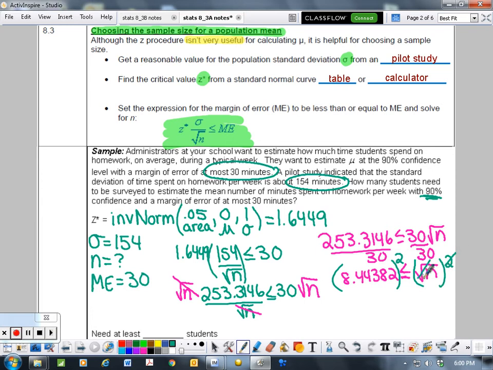That cancels out the square root, saying that my n has to be greater than or equal to 8.44382 squared, which is 71.298 about. So if my sample size has to be bigger than 71, then I need at least 72 students to have that margin of error based on that pilot study. And so that's what we can use that formula for.